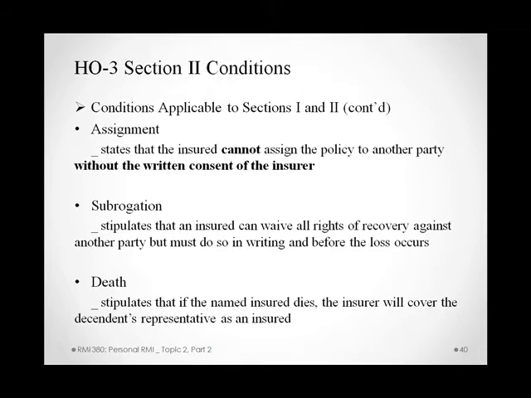Here is an example. If you have a homeowner's insurance that covers your house, and your neighbor's tree fell onto the roof of your house and damaged it, and it cost you $10,000 to fix your roof. Since you had the homeowner's insurance, and this is considered one of the covered losses, your insurance company will pay you the $10,000 to fix your roof.